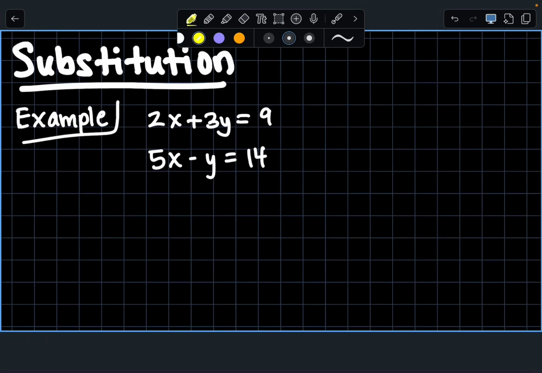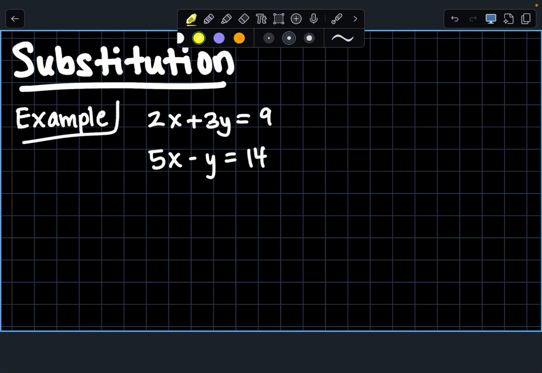So how do we even begin solving by substitution? Well, the name substitution means first of all, you're going to solve for a variable, whether it's x or y, in either of these equations. You're going to pick a variable, solve for it, and then you're going to take that variable and replace it back in there.